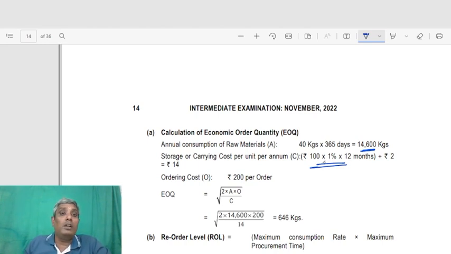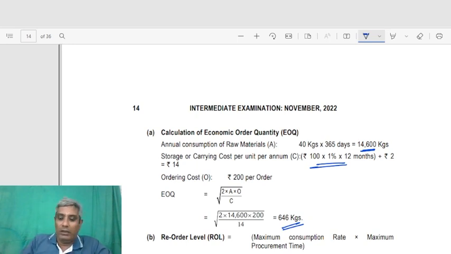These two are called associated cost. Hope you remember, during our lecture we have done it in detail. Is it not? Now the EOQ calculation: square root of 2AO by C. A is the annual demand, O is ordering cost, and C is carrying cost, or S in some books. S is also storage cost. So 646 kgs is the EOQ.